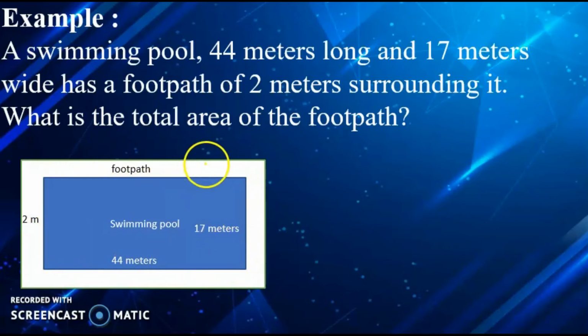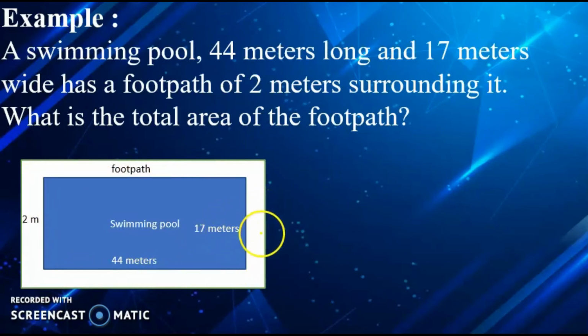Ito yung dinadaanan natin, nilalakaran natin sa paligid ng pool, yan yung footpath. So, ito yung size niya. Yung swimming pool, ang size is 44 meters ang length, and ang width is 17 meters. So, ano hinahanap sa problem na to? The total area of the footpath. So, yung white part na to, itong nilalakaran natin. Ano na yung total area niya?